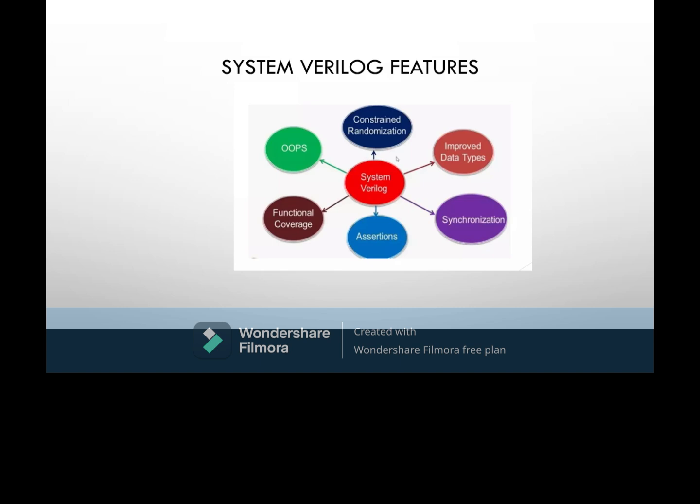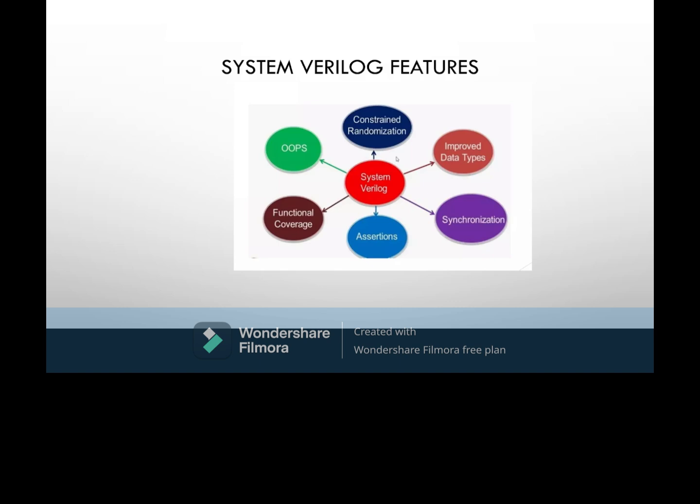And as I already told you, assertions to know the behavior of the circuit, and functional coverage, which is also very important, we'll be discussing further. And one of the most important topics is OOPS, nothing but object oriented programming.